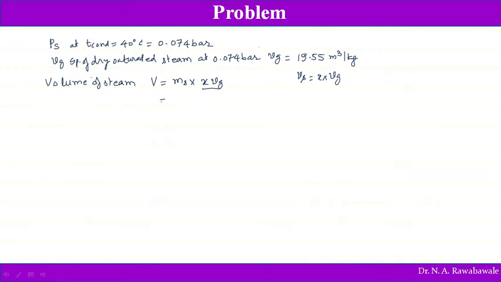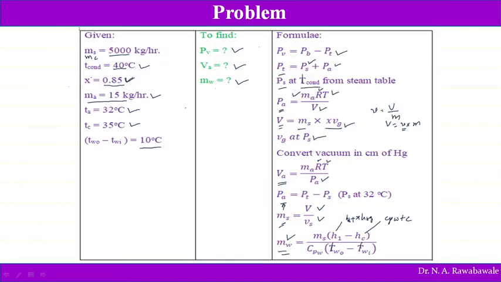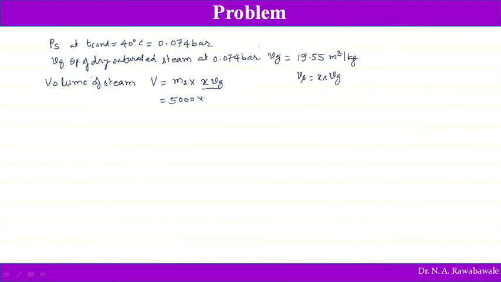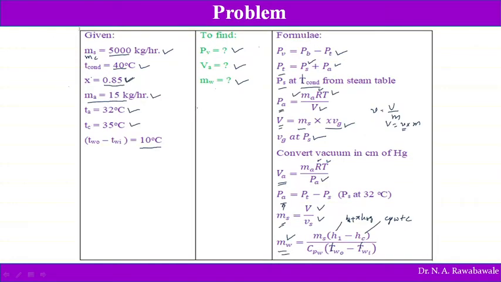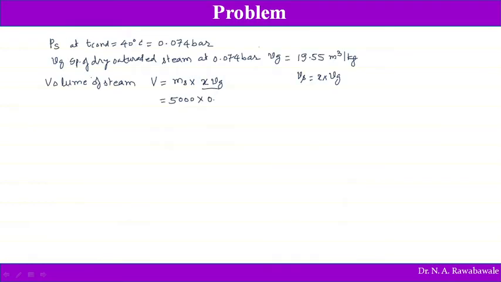So the mass of steam which is entering the condenser is 5000 kg per hour. Just we can see here, mass of steam is 5000 kg per hour. The dryness fraction is given in this problem as 0.85. So 0.85 into the specific volume 19.55.